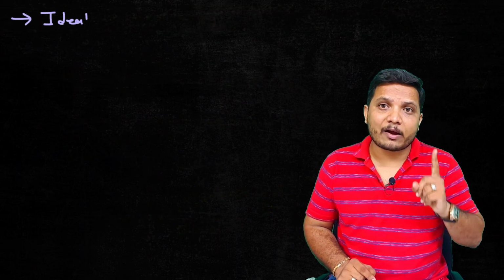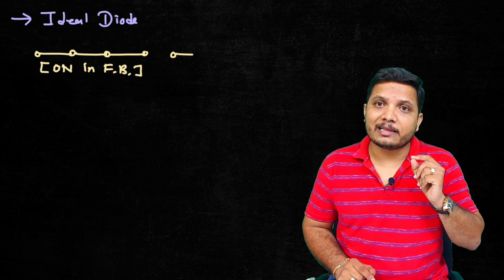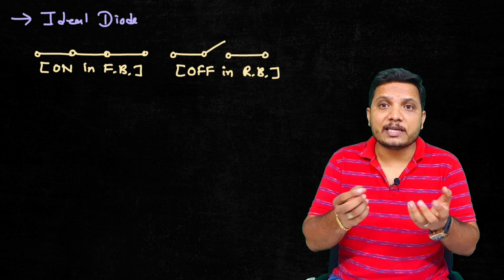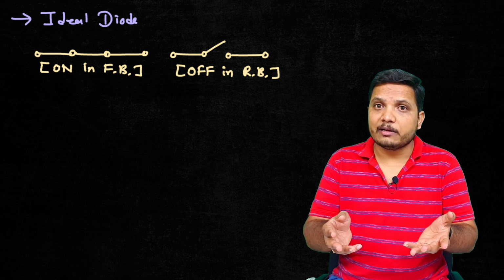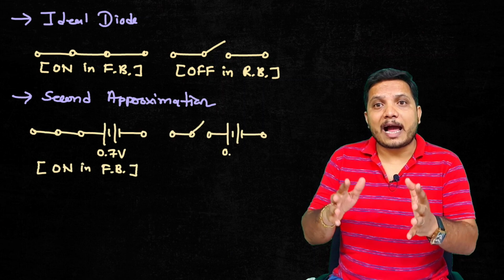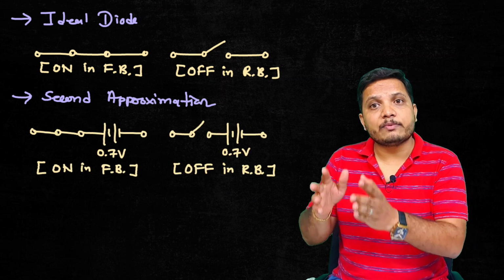So there are three approximations. One is the ideal diode, which has a characteristic where in forward bias condition infinite current will flow, and in reverse bias condition zero current will flow, right? In the second approximation, we consider the diode as a switch in series with a battery.